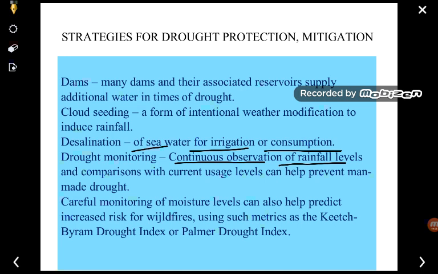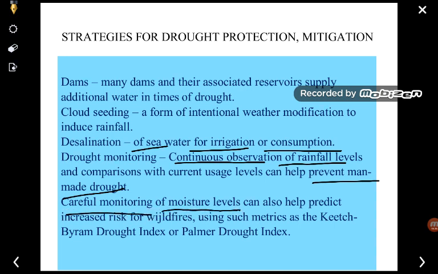With this data will help you to prevent man made drought. मतलब ये जो डेटा हमारे पास रहेंगे, ये डेटा क्या करेंगे कि हमें मैन मेड जो ड्रॉट है उसे कहीं तो प्रिवेंट करेंगे.